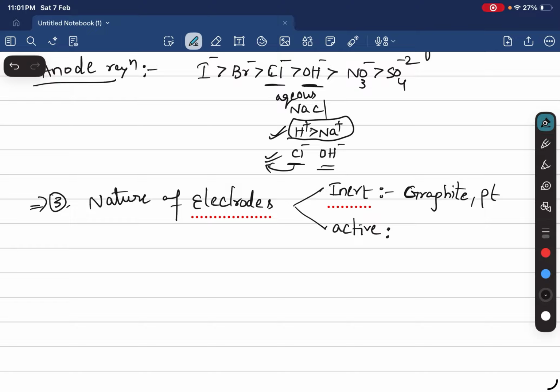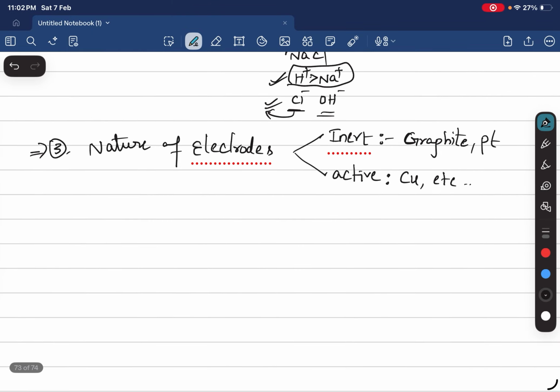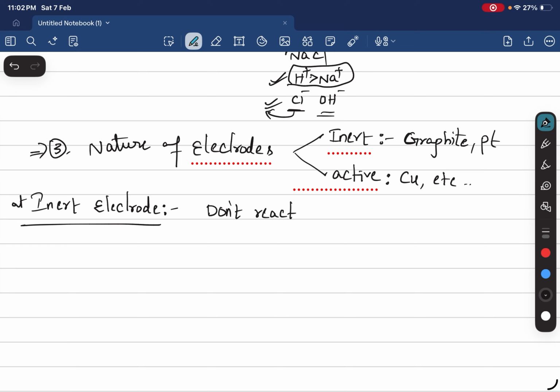Active electrodes are metal electrodes like copper, etc. So what happens at inert electrodes? Since the electrode won't participate in the reaction, only electrolyte ions deposit. These inert electrodes do not react during the electrolysis process, so only the electrolyte participates.